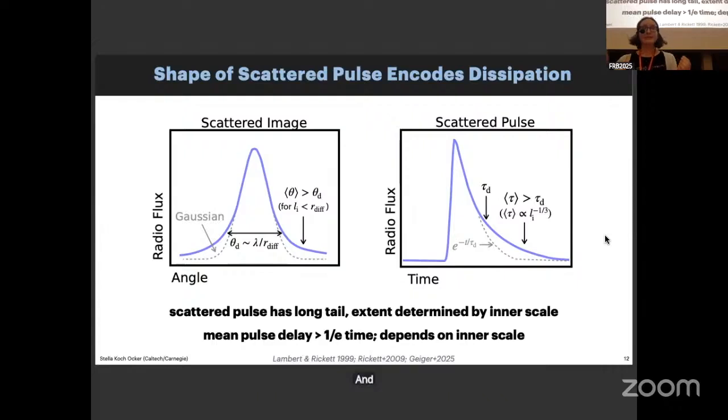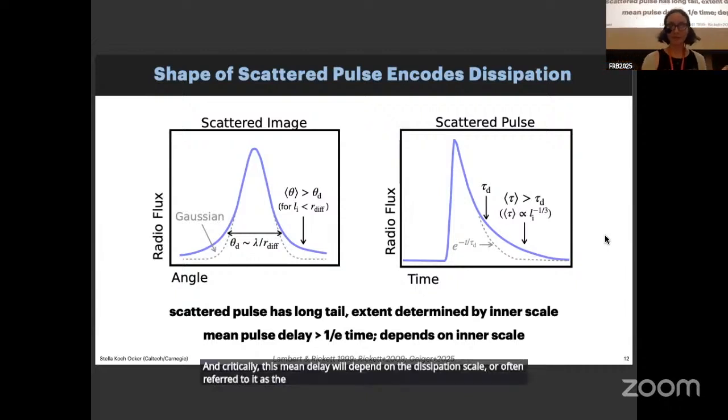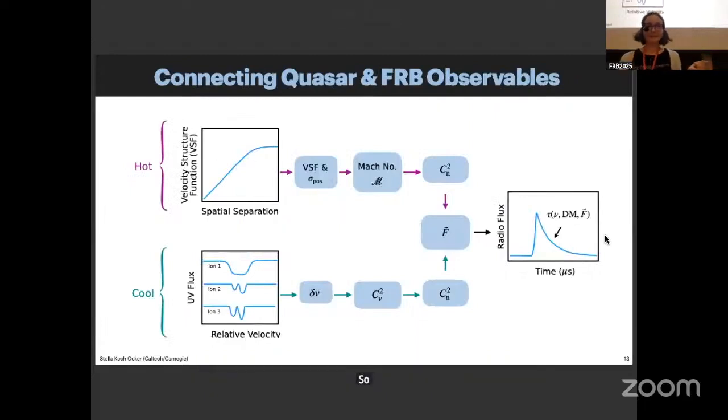And critically, this mean delay will depend on the dissipation scale, often referred to as the inner scale of the turbulence spectrum.